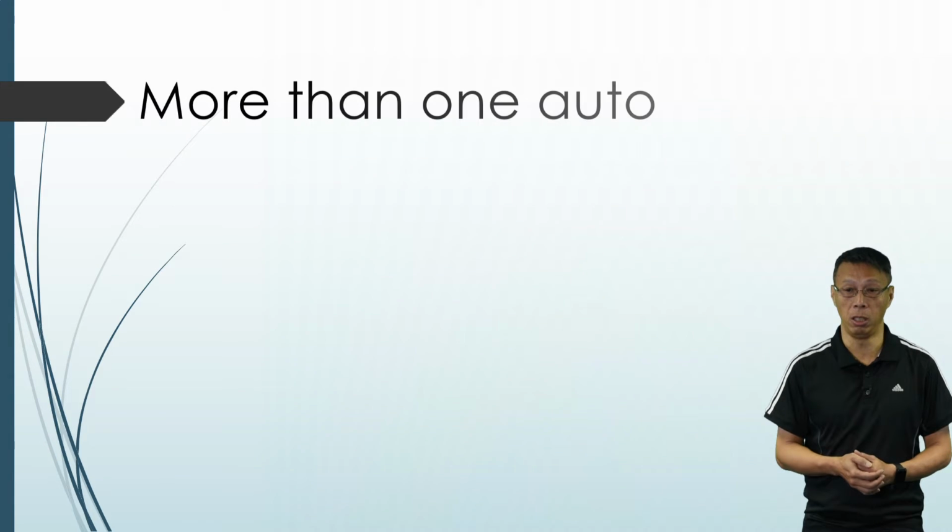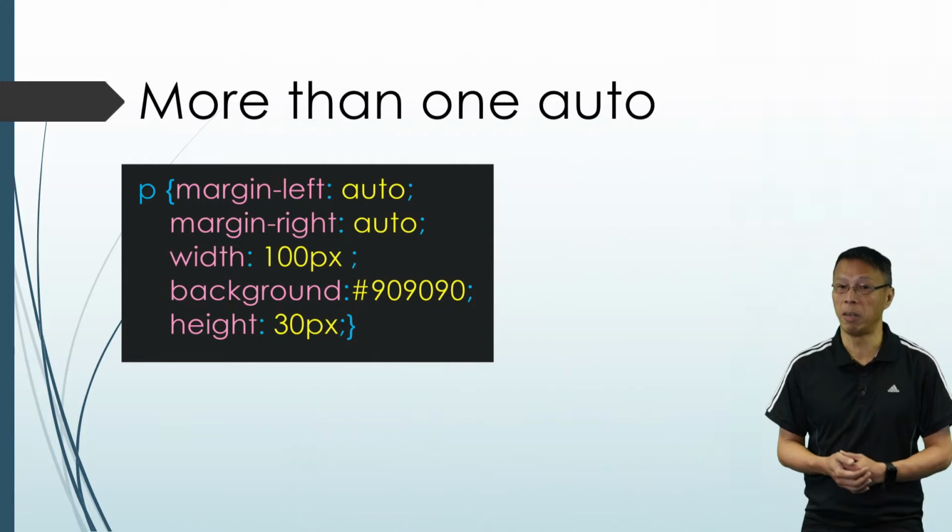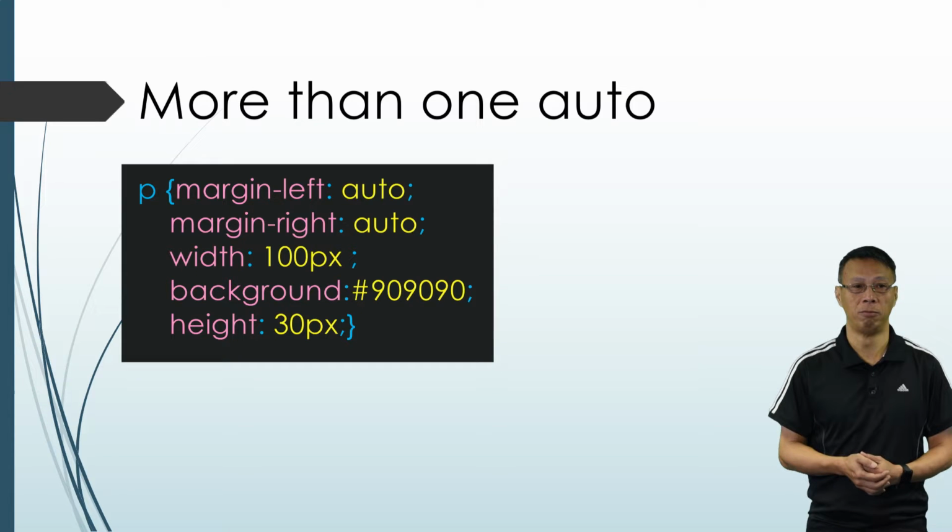Now, at the time when we set up the properties of the element block, we can use more than one auto in our property values. In this example, we have the margin left as auto, and margin right as auto also. So here we have more than one auto.